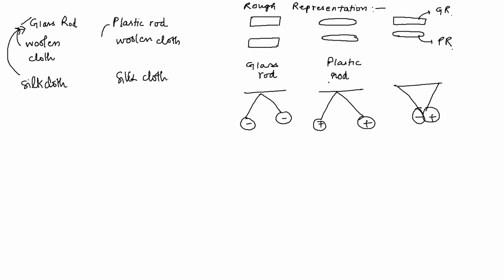Similarly, the plastic rod is also rubbed with woolen as well as silk. Now the glass rod which is rubbed by silk is brought together with a glass rod which is rubbed by wool.